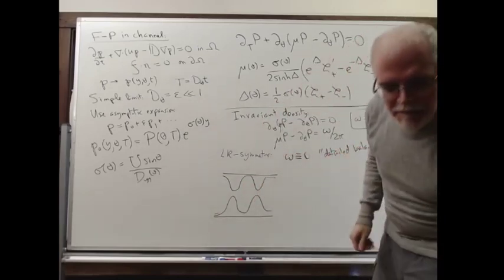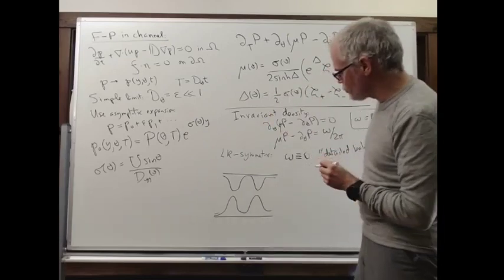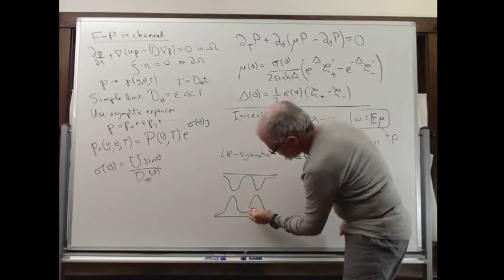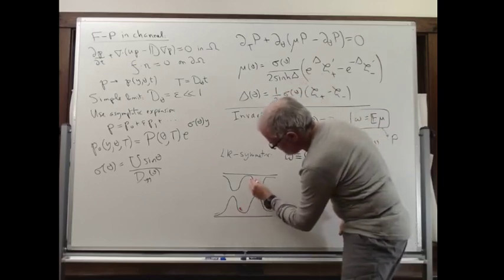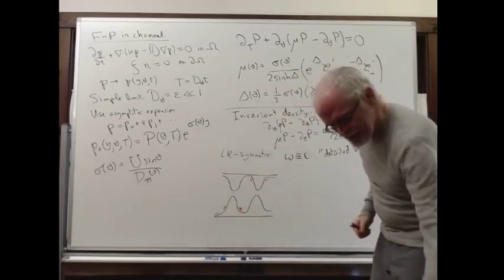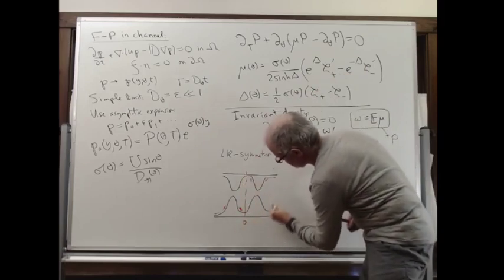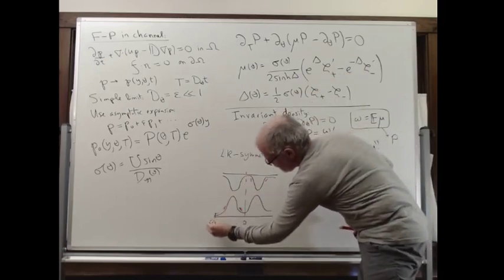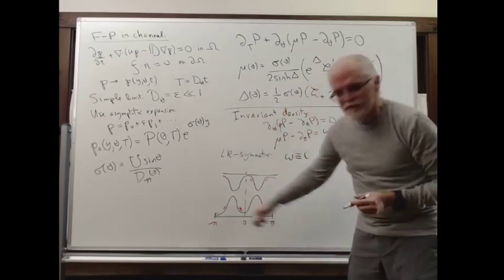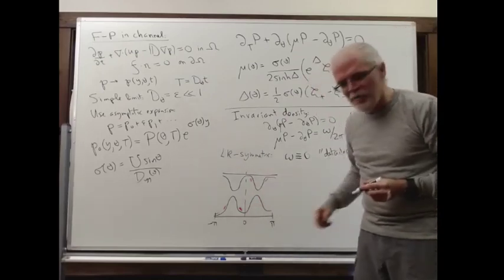And what you find if you find the exact solution to this, or if you do numerical simulations for more complicated wall shapes, is that the swimmers accumulate in places like this, where this is theta equals 0 here. This is 0, and this is minus pi, and this is pi.